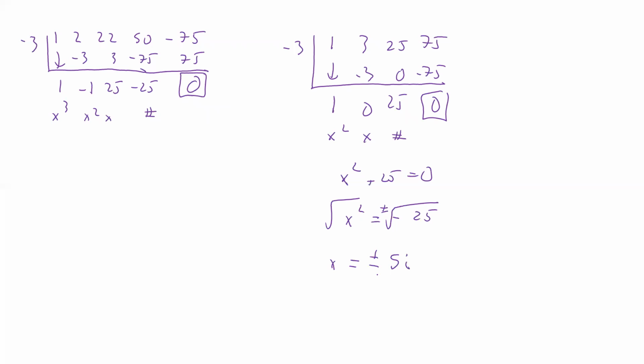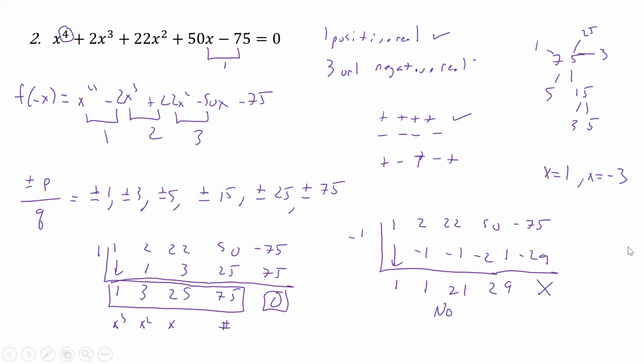And so that gives us plus or minus 5i. And again, so one of them is 5i, and we need the conjugate, which is the negative 5i. So these are conjugates. And so those are two imaginary values. So then we have up here x equals 5i and x equals a minus 5i.